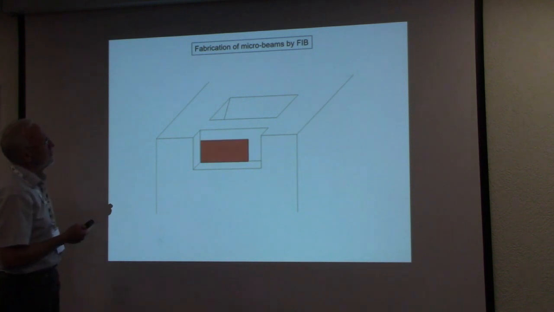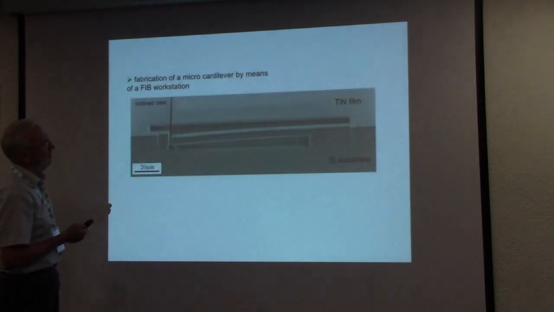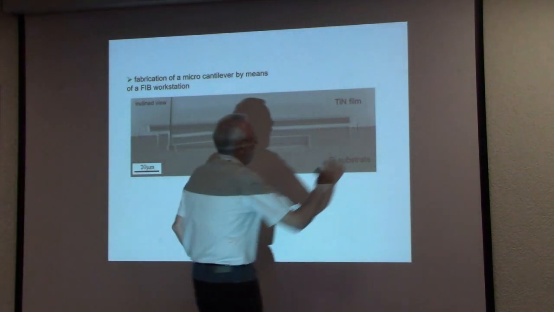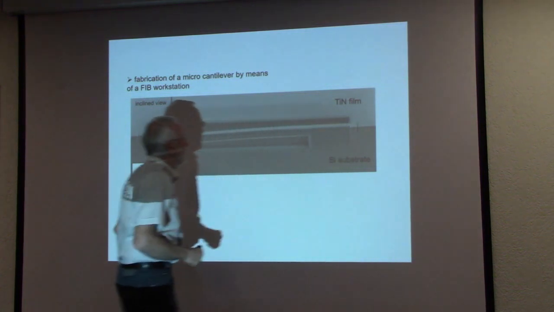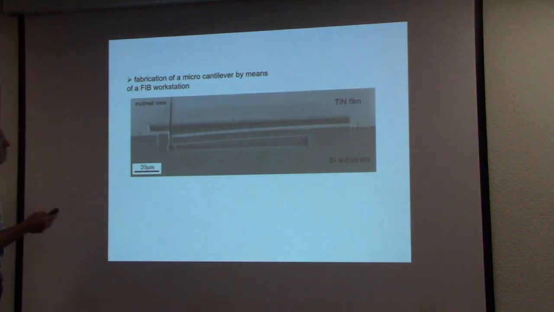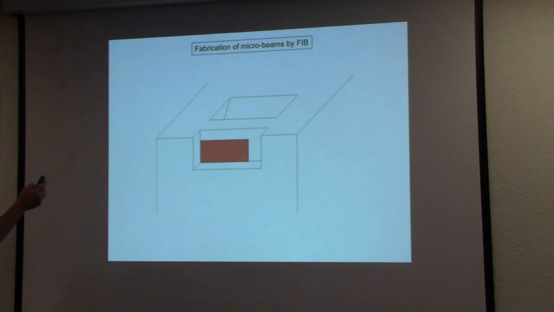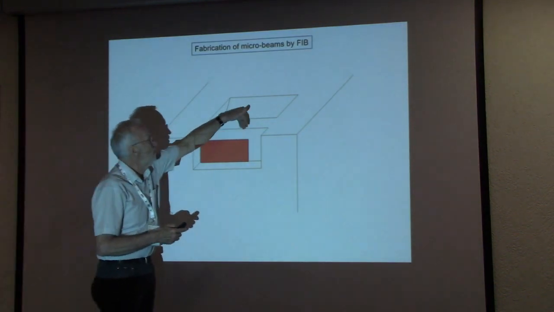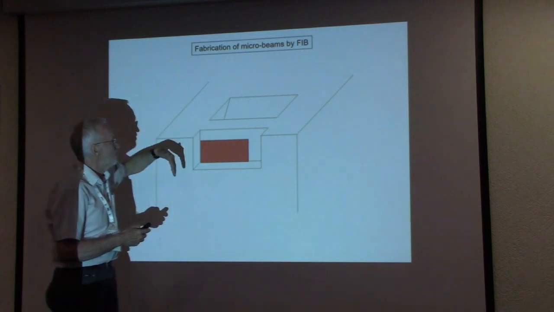What we do is we generate a small bending beam. Here, this is a titanium nitride on a thin silicon substrate. What we have done is, we have simply machined the way behind, in front of the way.